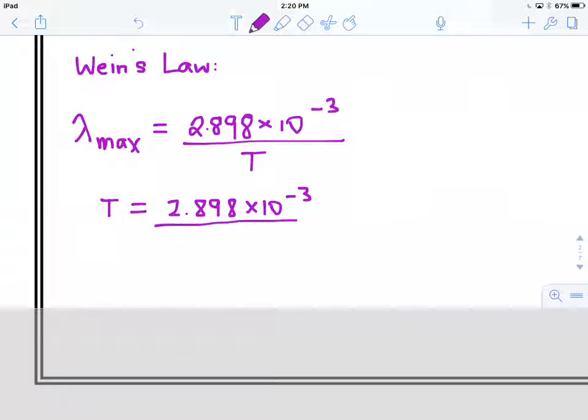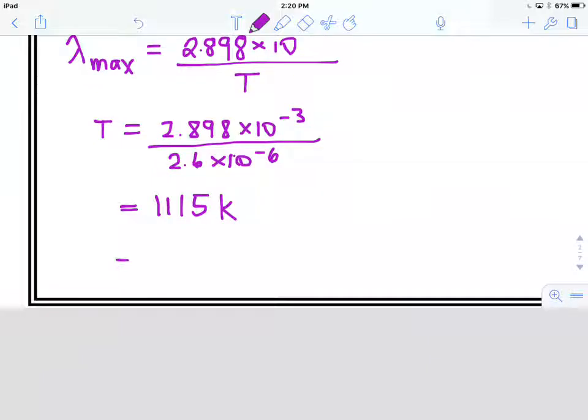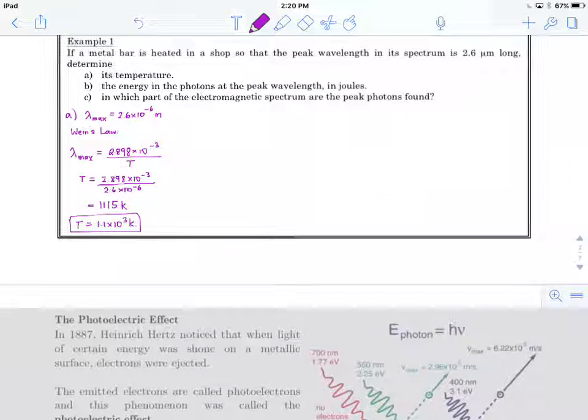We're going to divide that by the wavelength, which is 2.6 times 10 to the negative 6, and we get 1115 Kelvin as the answer, which, if we put it into the right number of sig figs, is 1.1 times 10 to the 3 Kelvin. Okay, moving right along. That's A.